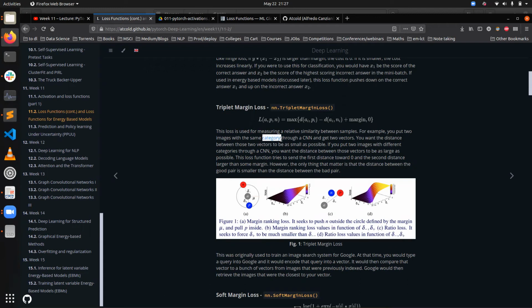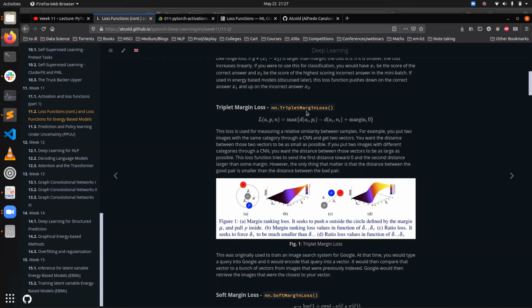You want the embedding or the vector that represents these two images to be as close as possible, so the distance between those two vectors should be as small as possible. And if you put two images with different categories through the CNN, you want the distance between those two vectors to be as large as possible. That's when you use triplet margin loss.